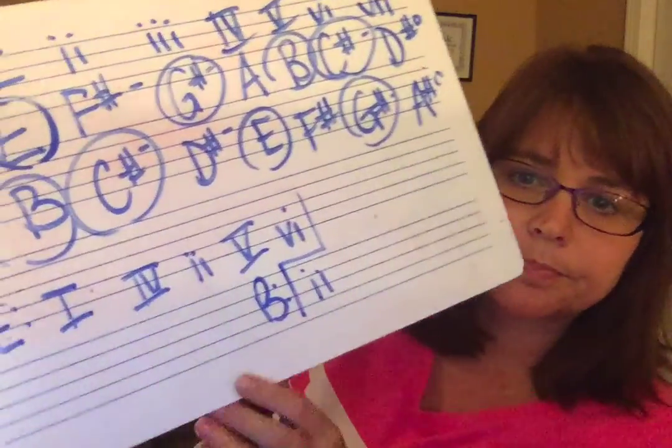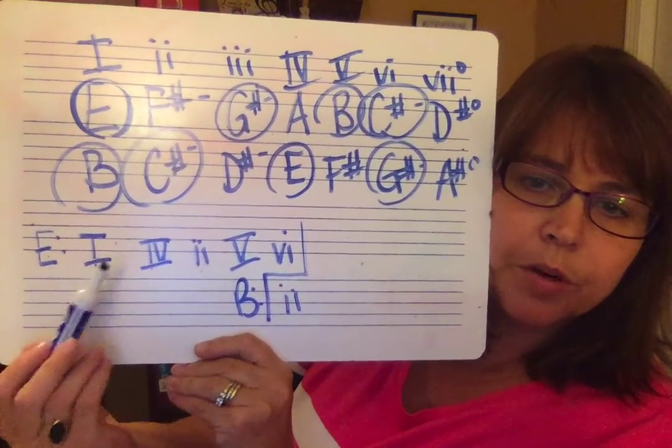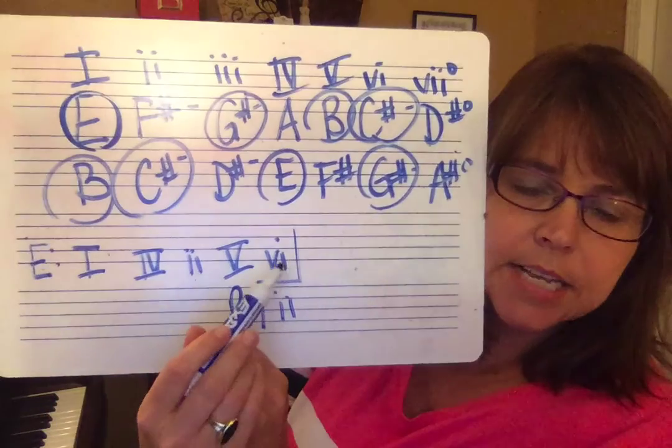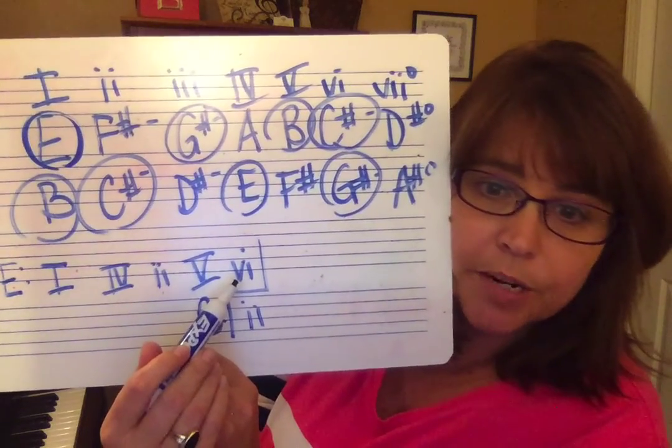So let me show you how this works. Look what I just did. Here we got the 1, the 4, the 2, the 5, and the 6. At this point right here, this 6 chord, 6 in the key of E is C sharp minor.